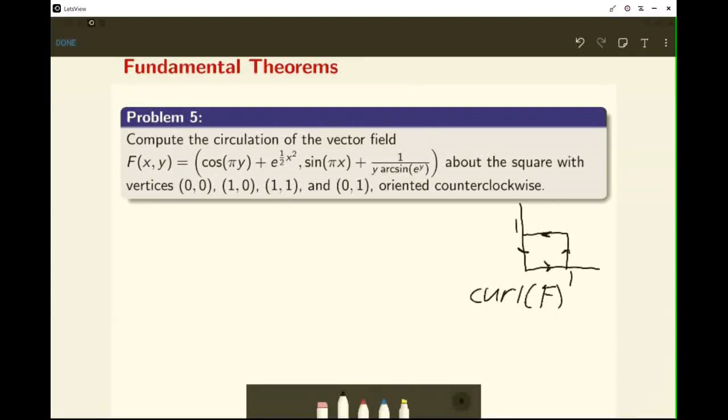And so here, if we want to look at the curl of F, we're going to look at the x derivative of y, and the derivative of sine is cosine, so we're going to get pi cosine pi x. We're going to subtract off the y derivative of the x component. The derivative of cosine is minus sine, and we get another factor of pi here, so pi sine pi x.